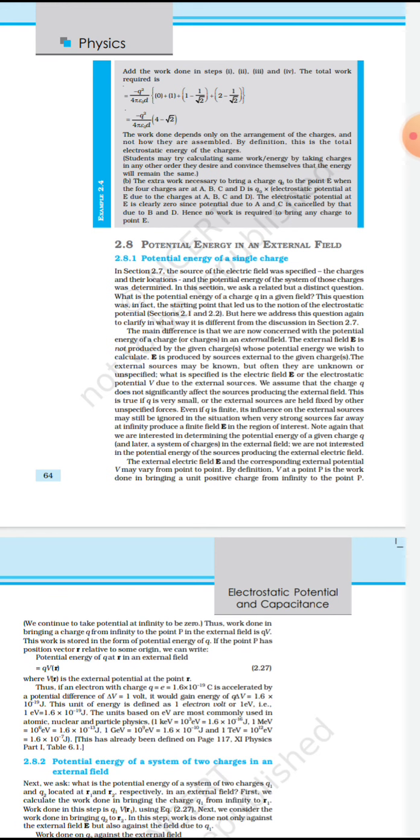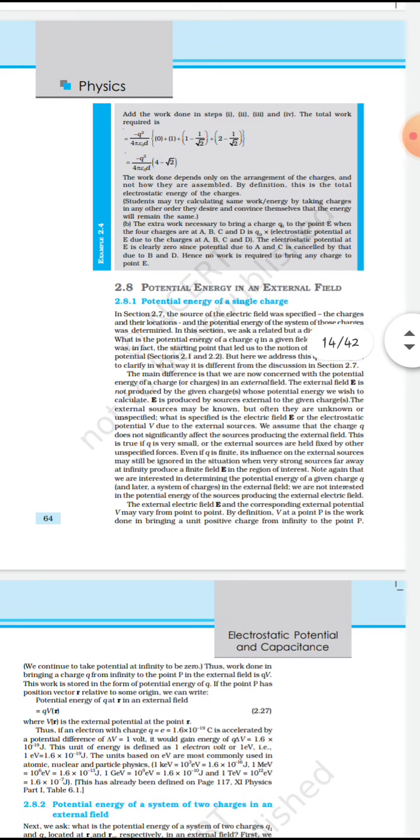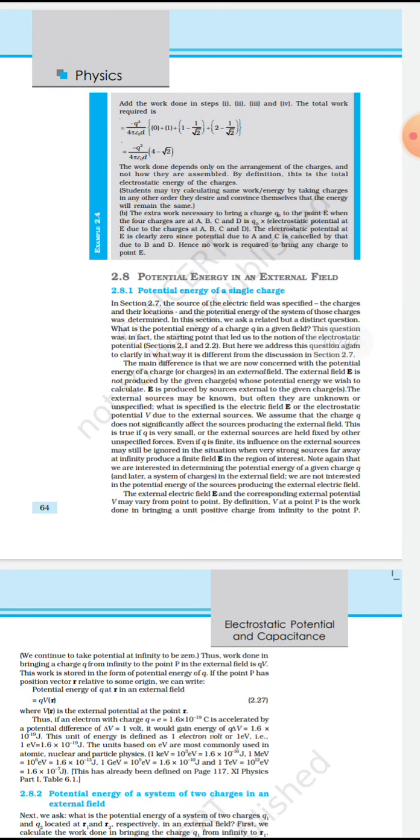So we have to note again that we are interested in finding the potential energy of the given charges in the external field, not in producing it.